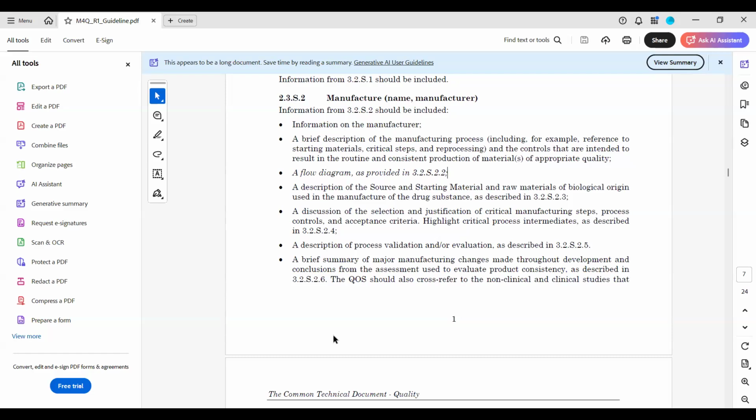Apart from that, a description of process validation or evaluation will be submitted in your 2.3.S.2 manufacturer, and a brief summary of major manufacturing changes made throughout the development and conclusion from the assessment, as described in 3.2.S.2.6, will be summarized in the manufacturer section of 2.3.S.2.